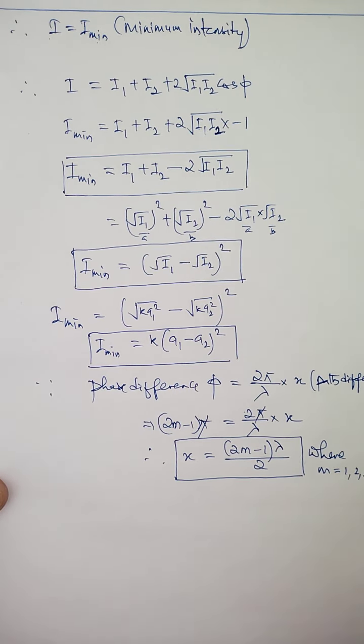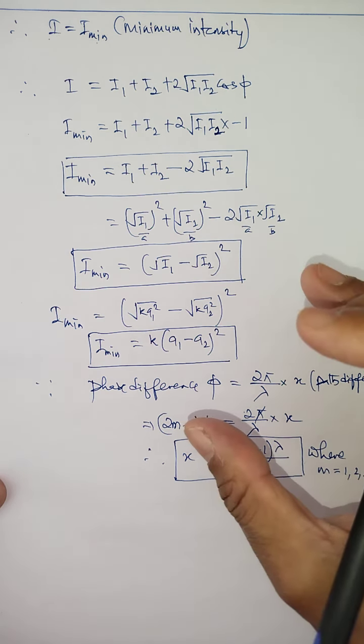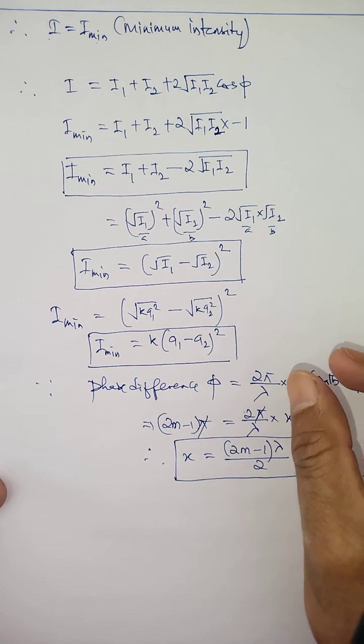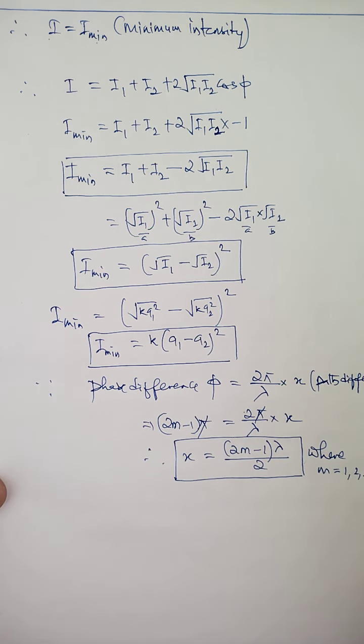Therefore, when we observe interference, we always get bright and dark regions, that is maximum and minimum intensity, alternate constructive and destructive interference. We get one region of maximum intensity, another of minimum intensity, again maximum, again minimum. That means the intensity changes in an alternate manner, and such a pattern is called an interference pattern.